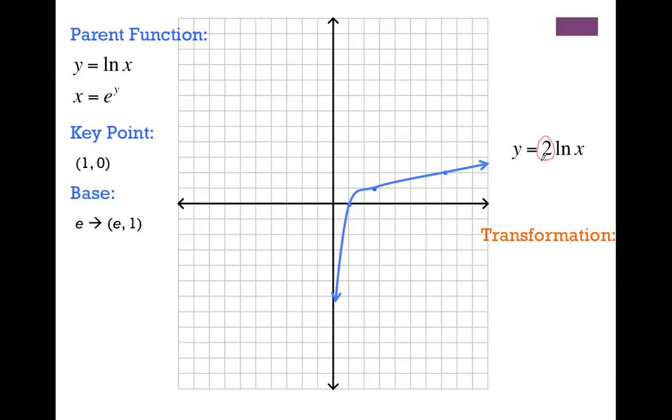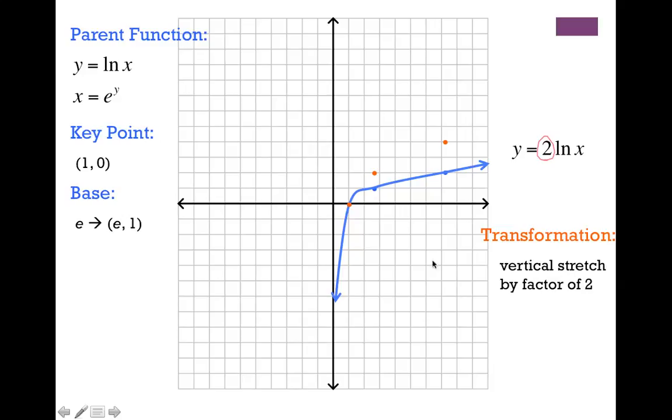And so the a value is going to have the effect of making a vertical stretch of this graph by a factor of 2. So what that means is every point that I have on this curve, the y value of those points is going to be multiplied by 2 to get the points of my actual curve.